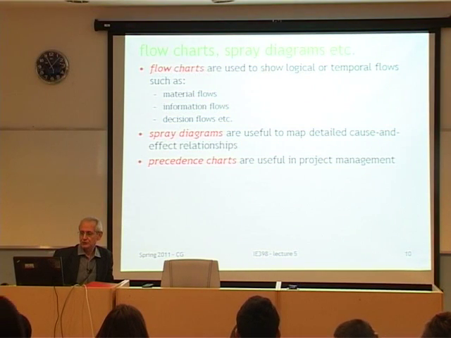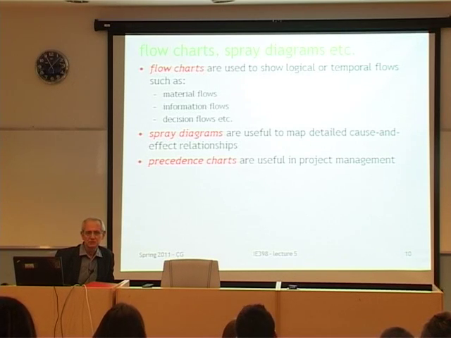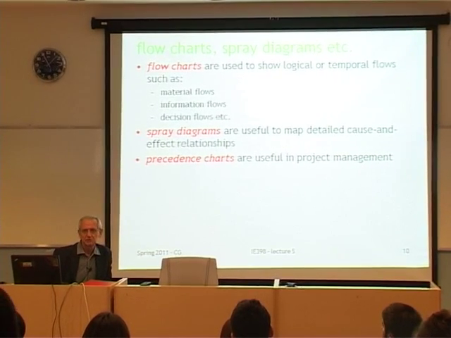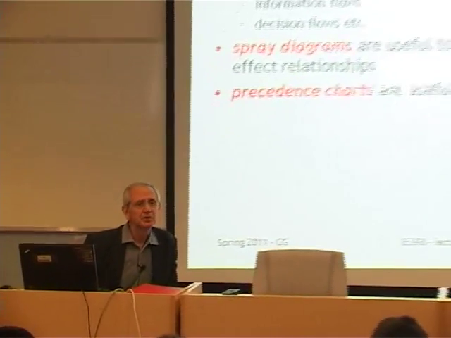Precedence charts are useful in project management. Precedence charts are the charts like CPM and PERT charts. You are familiar with project scheduling using CPM, right? Do they teach you this in the OR courses? Well, you will. These are simple rules.